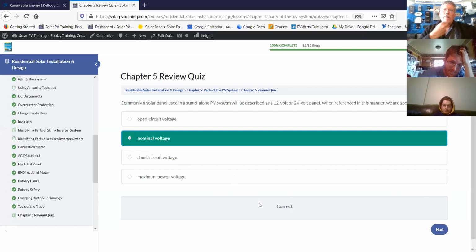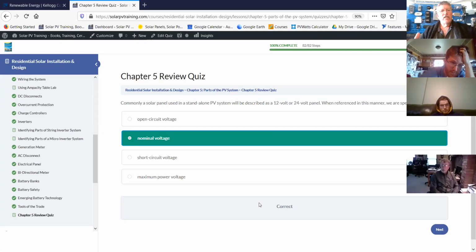So when we say that a battery is 12 volt, it doesn't mean that battery is functioning at 12 volts. It's just its nominal voltage. Usually a 12-volt battery operates anywhere between, say, 11.3 volts and 13.9 volts. So that's going to be somewhere in that range, but we just call it a 12-volt battery.